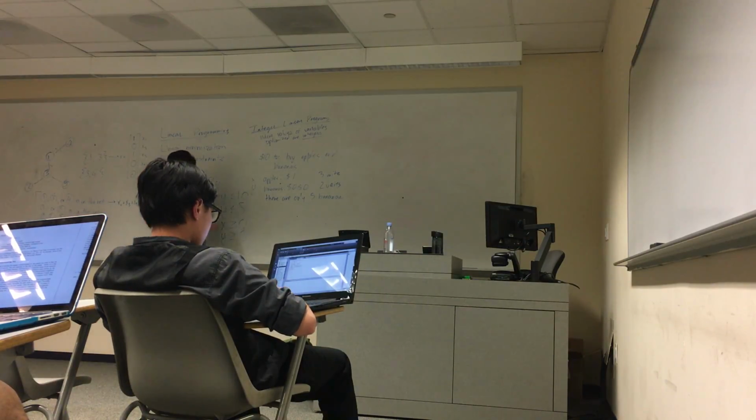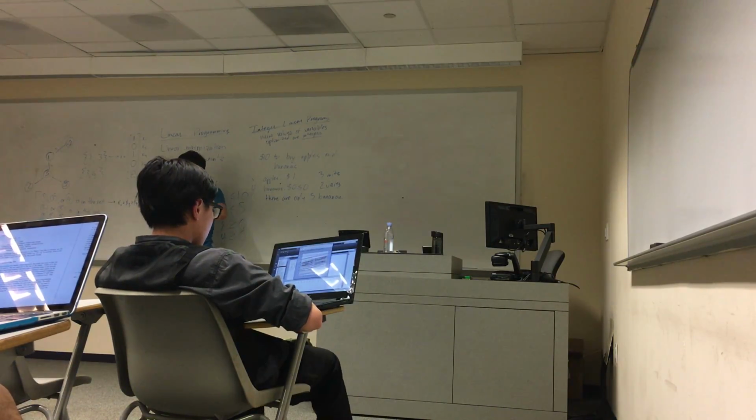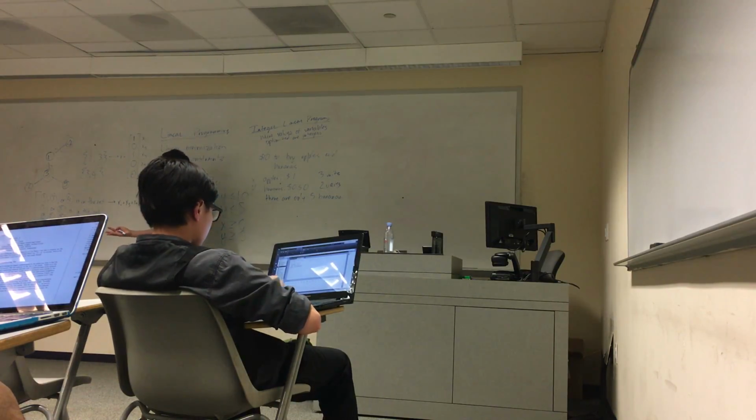Do you see why that has to work? Why x of 1 plus x of 3 plus x of 4 is greater than or equal to 1? Think about it: if you sum up x of 1, x of 3, and x of 4, you get the number of those nodes that are in the set that we're testing.